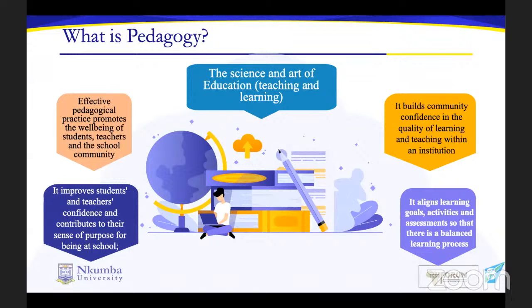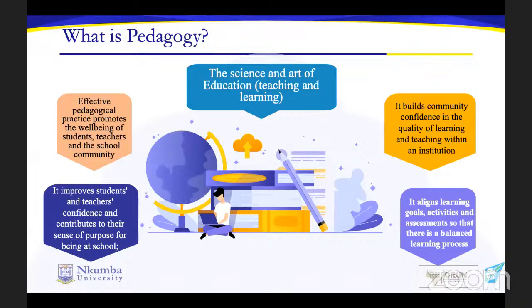Effective pedagogy improves students' and teachers' confidence and contributes to their sense of purpose at the school. This is why they will come back the following day to continue learning, because what they get out of the institution is effective teaching and learning.